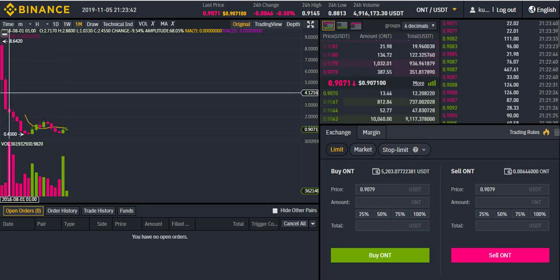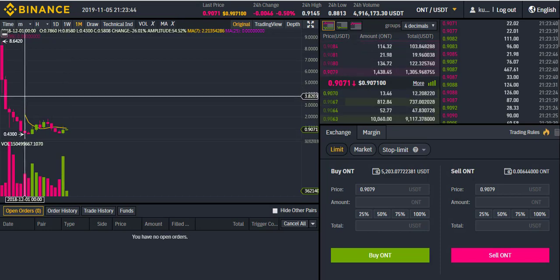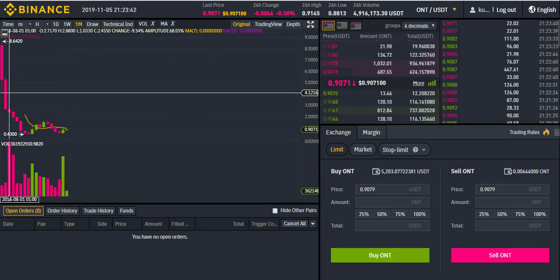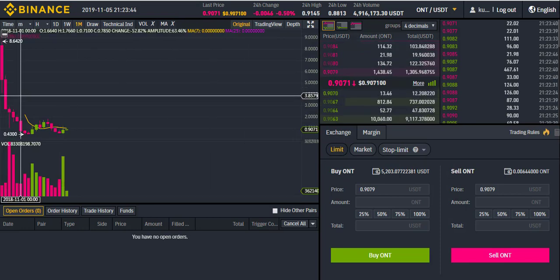So if you are a long-term investor, this chart is looking good because you can see that the price has been going down month after month for the past 18 months. It's gone up a little bit and gone back down, and it looks like it's just about to go back up. So if you're a long-term investor, it wouldn't be a bad idea to start buying small bits of this cryptocurrency, if you don't mind holding for months and months and months until the price starts skyrocketing back up again.